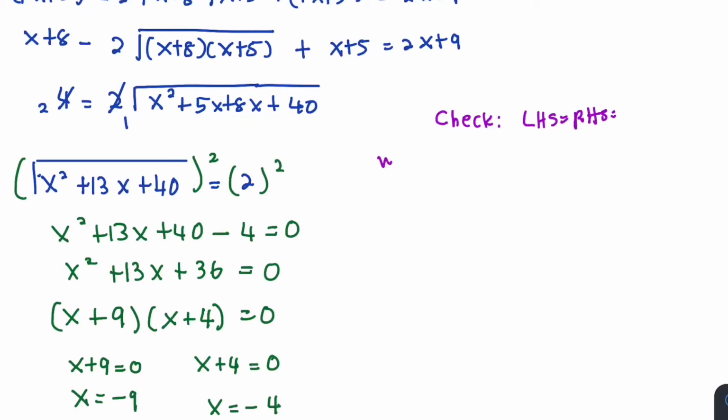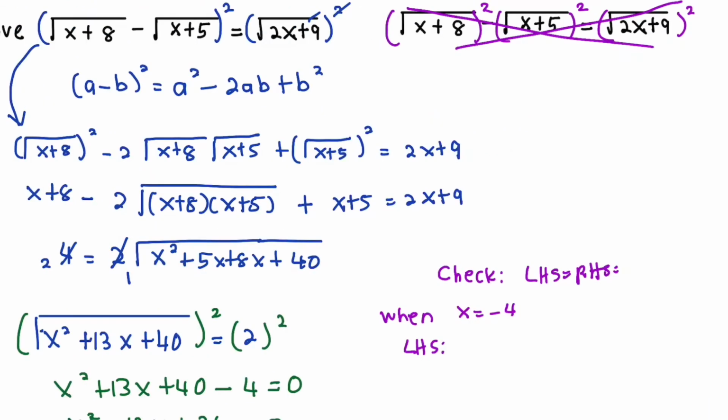So when x equivalent to negative 4, your left hand side is square root of negative 4 plus 8, which is square root of 4, minus square root of negative 4 plus 5, which is square root of 1. So square root of 4 is 2, 2 minus 1 is 1.